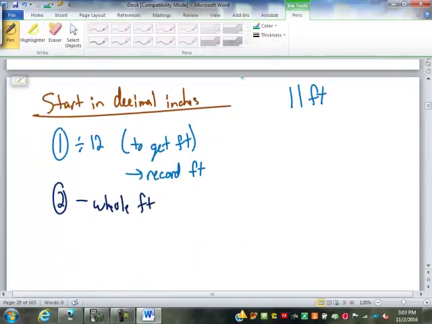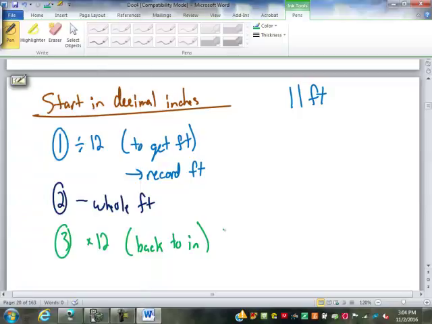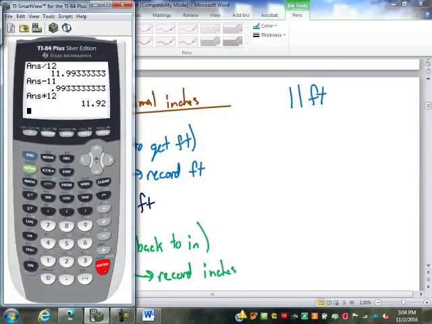Step 3, I'm going to multiply by 12, convert it back to inches. So that's saying 11.92 inches. So again, I'm going to record the whole inches. There's 11 there that I'm going to record.